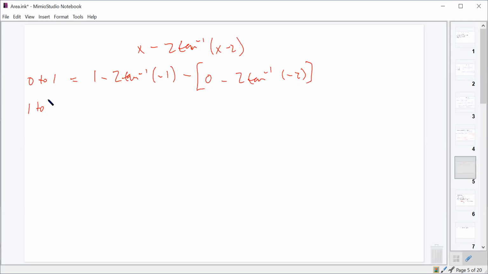If we're going to go from 1 to 3, that's the section that needs to be negative, right? So negative, and then we're going to have 3 minus 2 inverse tangent of 1 minus 1 minus 2 inverse tangent of negative 1.